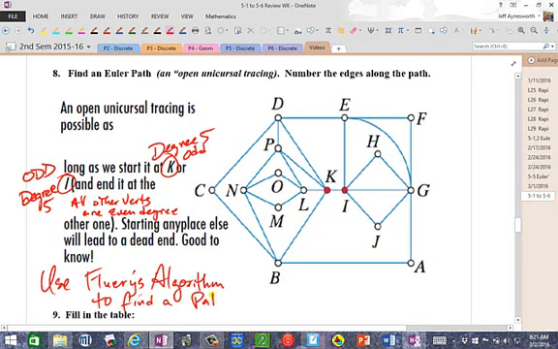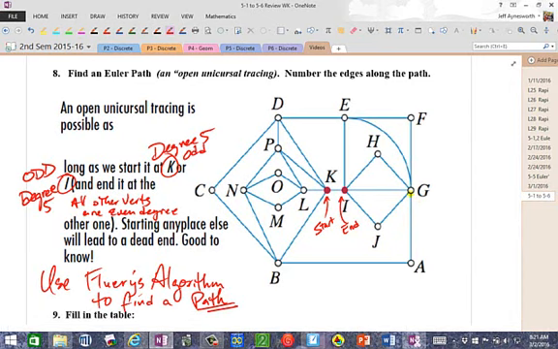Okay, so you're going to start here, and you're going to end here, or vice versa. Okay, and I want you to try this on your own here. So I'm not going to show you this right here. This right here is left up to you. There's a lot of edges in here that you have to go through.